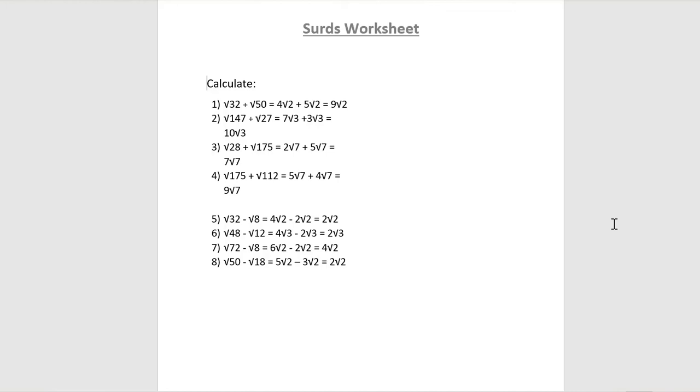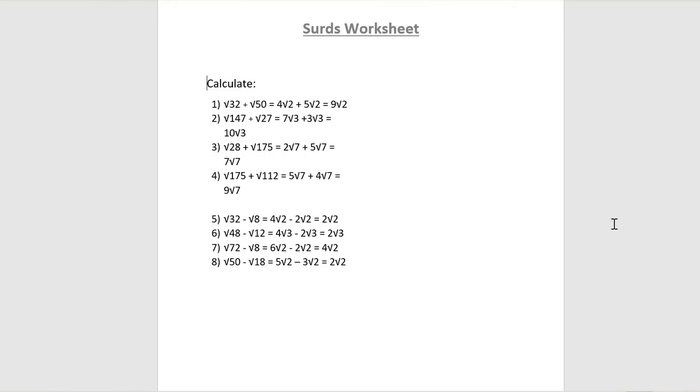We have root 48 minus root 12, which is simplified to 4 root 3 minus 2 root 3. This gives us 2 root 3. We next have root 72 minus root 8. This is equal to 6 root 2 minus 2 root 2, which equals 4 root 2.